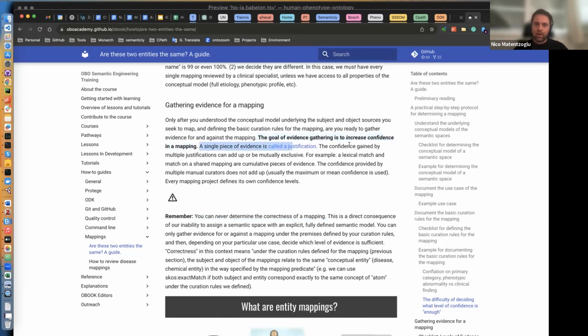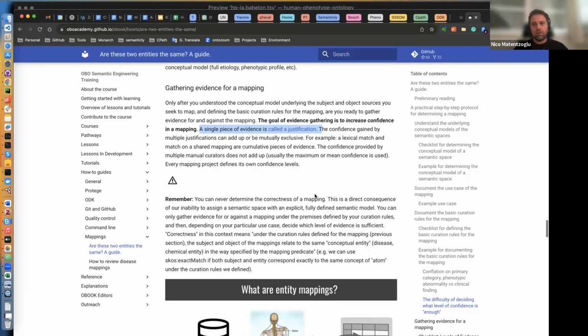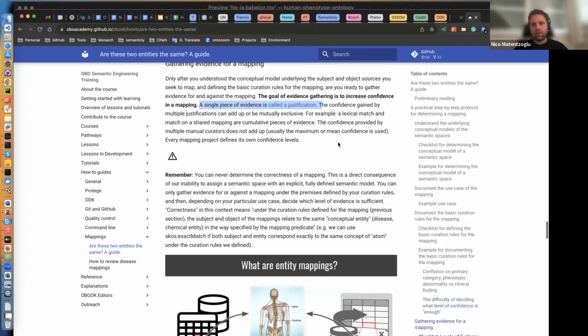In the area of SESAM, we define a single piece of evidence for a mapping as a justification. We've written a lot about what these mapping justifications are. The confidence that you gain by collecting those justifications can be cumulative, it could be mutually exclusive, and so on. So you need to think a little bit about how they relate with each other. But this is the process.